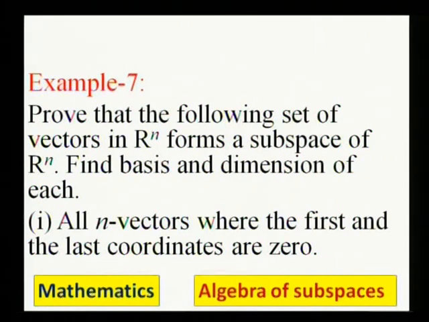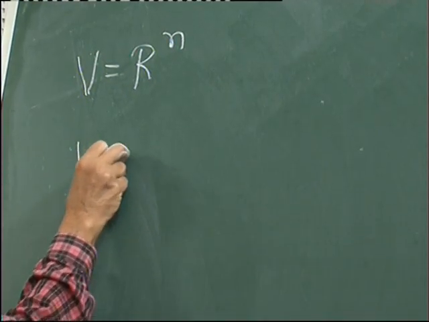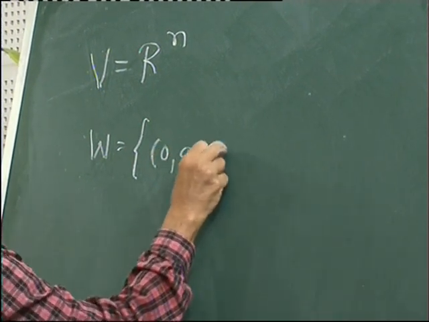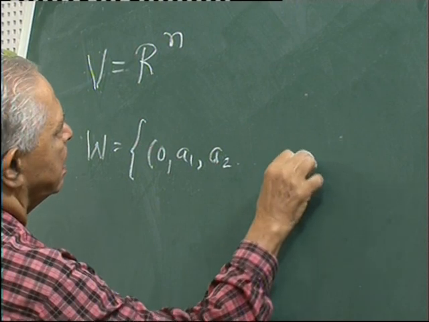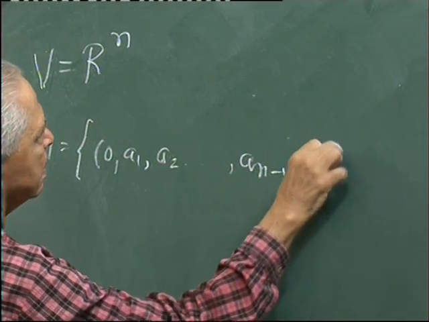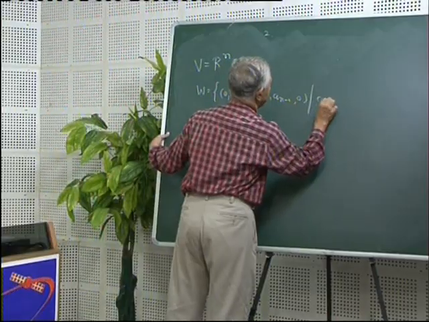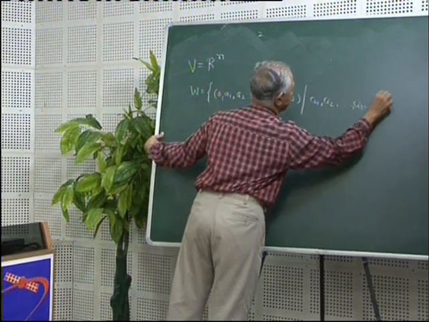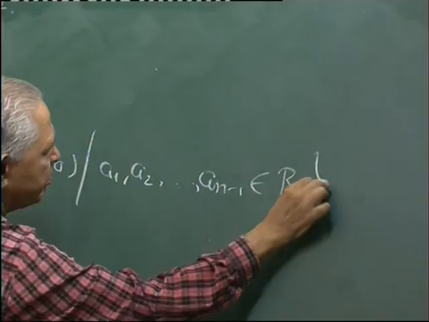That means you are given W equal to all n-tuples (0, A1, A2, ..., A_{n-1}, 0) where A1, A2, ..., A_{n-1} are real numbers.